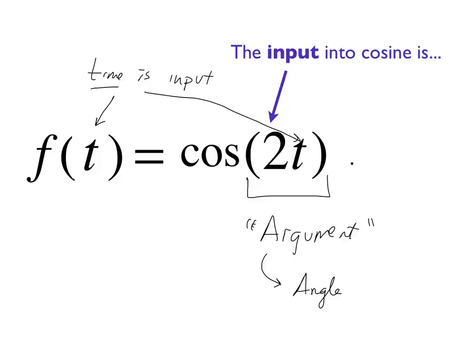So it must be the angle swept counterclockwise from the 3 o'clock position. The input into the function is time. But the argument, what we're putting into cosine, is always angle swept counterclockwise from 3 o'clock. Don't write angle on your quiz. Swept counterclockwise from 3 o'clock.